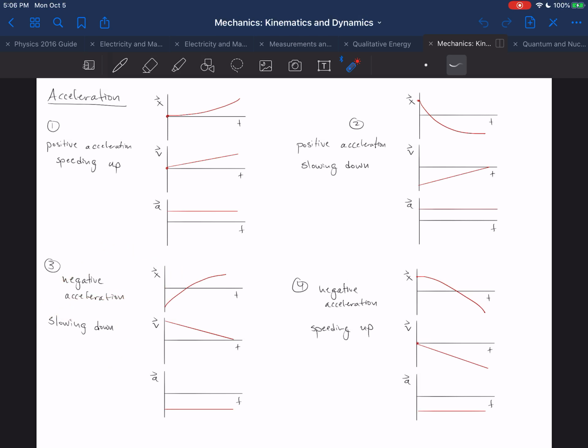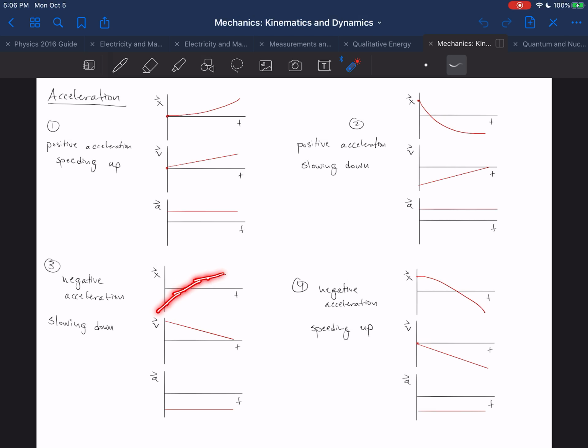That is possible. You just have to start out moving in the positive direction. If your initial velocity is positive, you're moving in the positive direction on the position time graph, but your velocity is decreasing, then it means that speed is also decreasing.